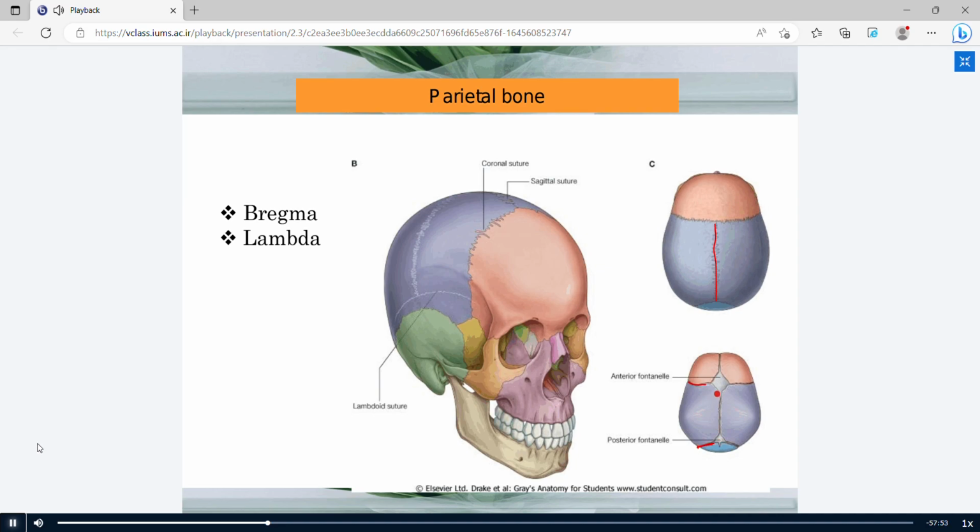This is the anterior border, this is the posterior border. The superior border of the parietal bone connects to the superior border of the other parietal bone and forms the sagittal suture. Finally, the inferior border, or squamosal border, connects to the temporal bone.